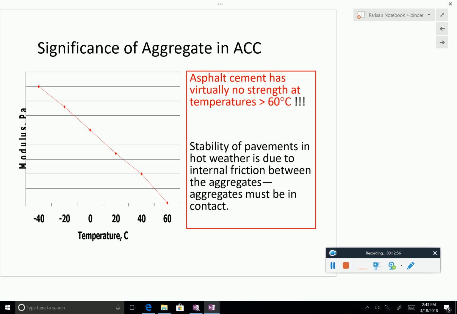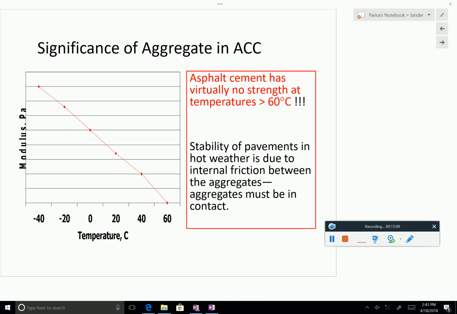So you get into trouble if you use this material by itself. So what gives strength and stability is aggregates. Asphalt is not doing that. In fact, if you use too much asphalt or a wrong type of asphalt, you may have some problems with deformation, as we will see in a second.